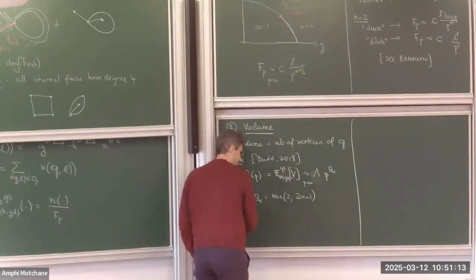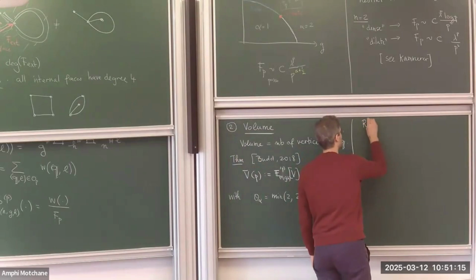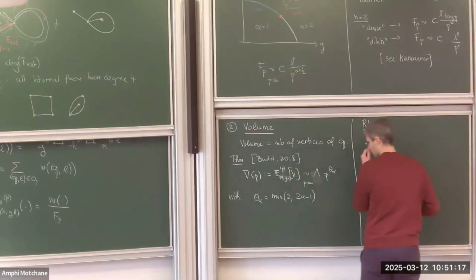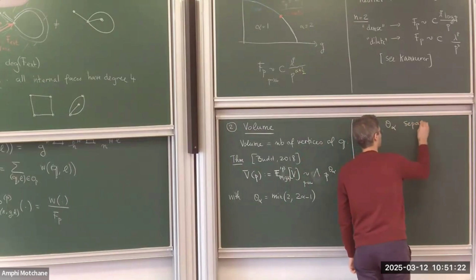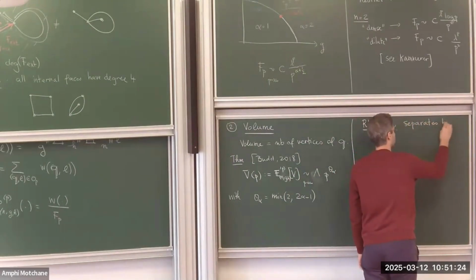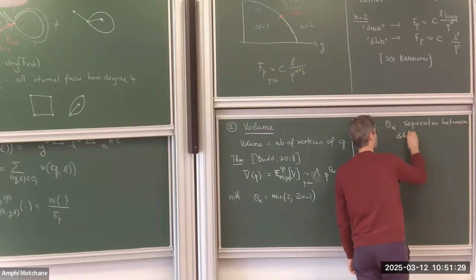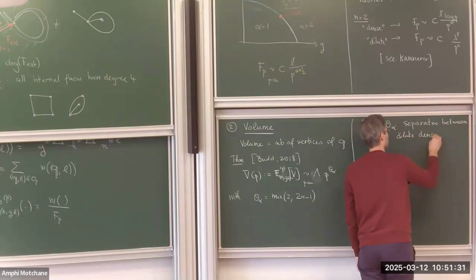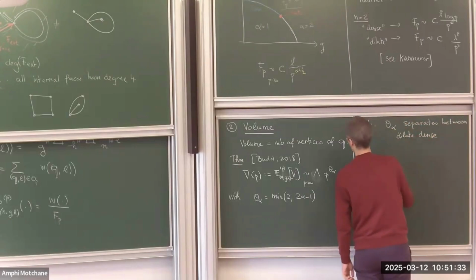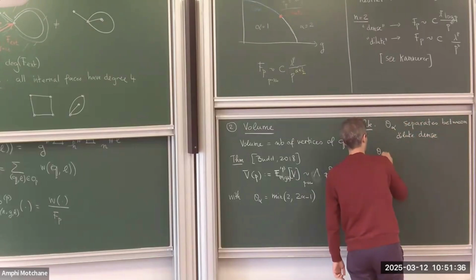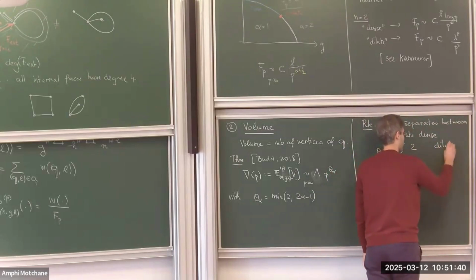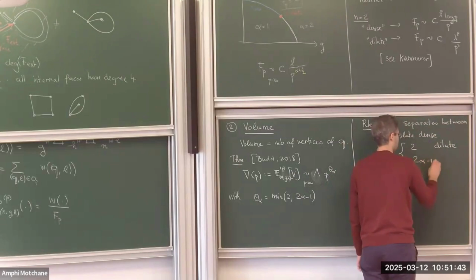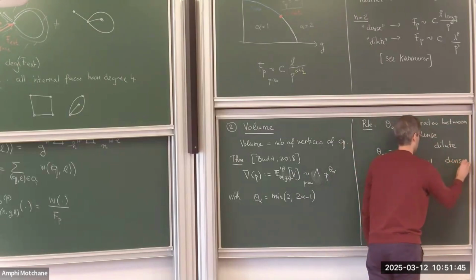And a remark I want to make is this exponent separates between dilute and dense. Because if you plug in this formula, what it tells you is that the exponent is equal to 2 in the dilute case, and 2 alpha minus 1 in the dense case.